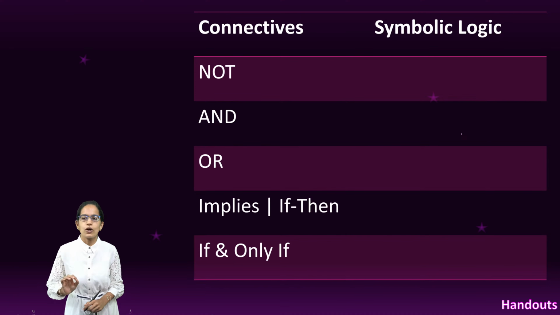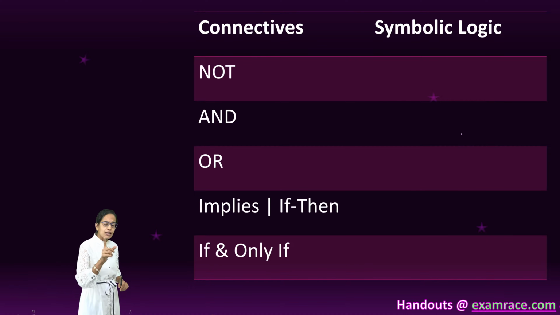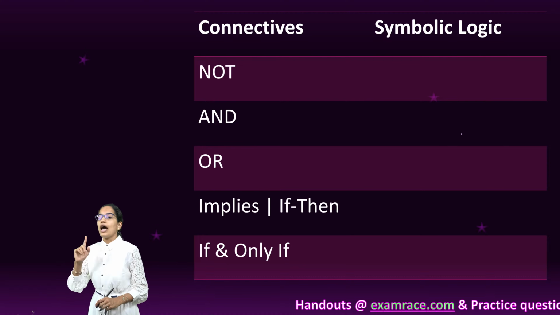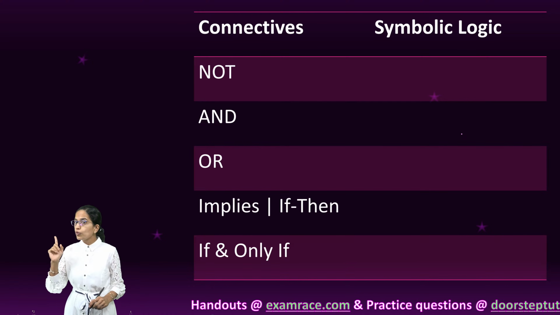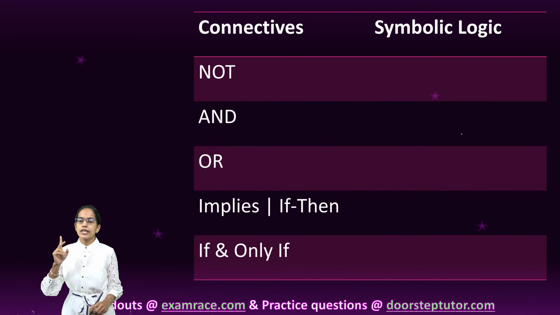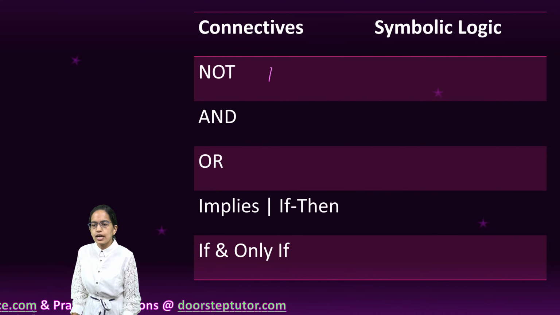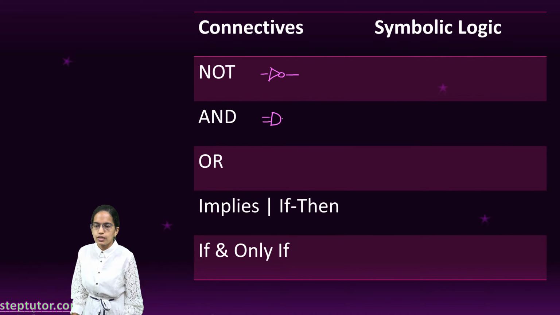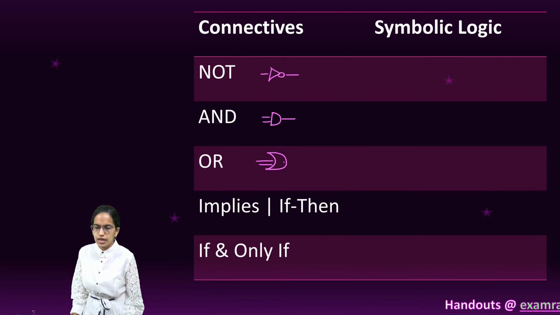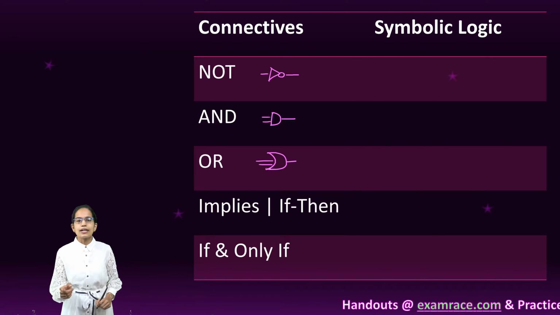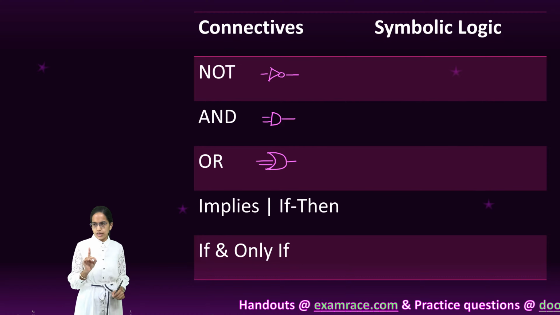In the symbolic logic, again, we have the same connectives which we use as in the case of Boolean logic: not, and, or. We denote them with again the same diagrams as we have in the Boolean logic. So the diagrams would remain the same, the gates would remain the same, but the logic symbols vary.